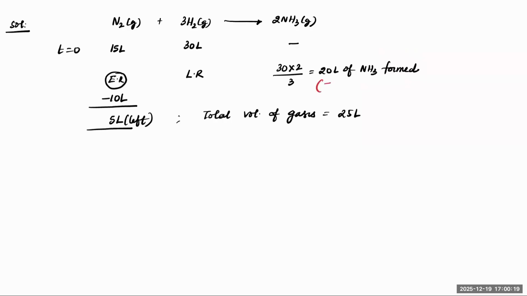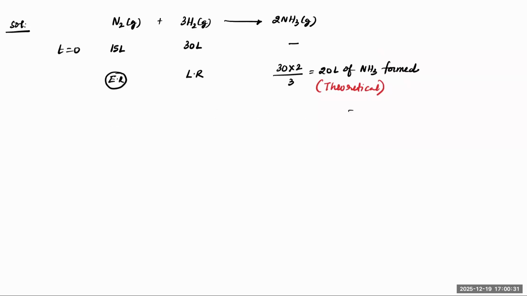But practically how much we got? 50% of it, isn't it? So, since we got only 50% of it, percentage yield is equal to 50 by 100 multiplied by 20, which is 10 liters. So actually, we got only 10 liters.